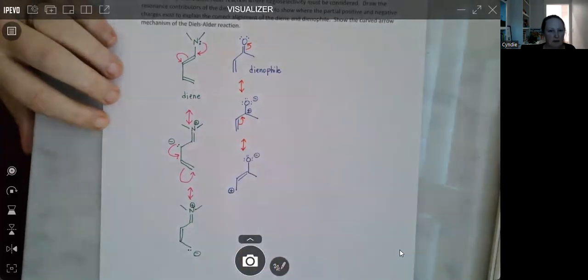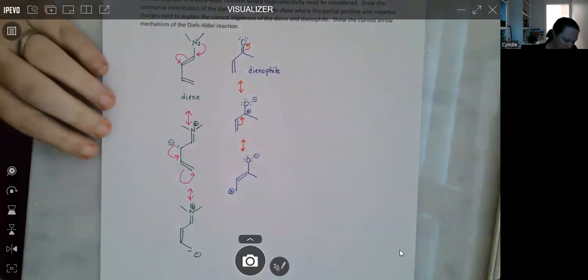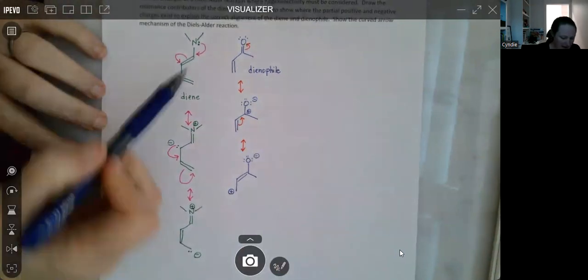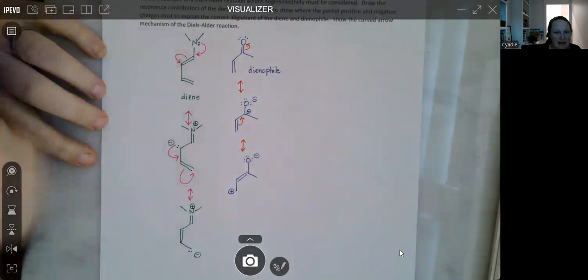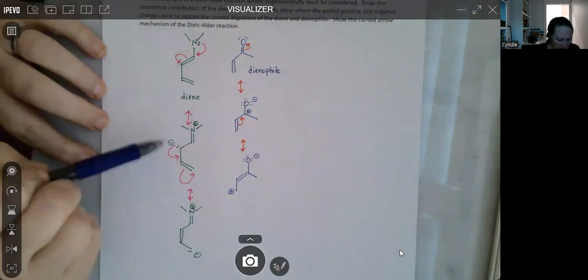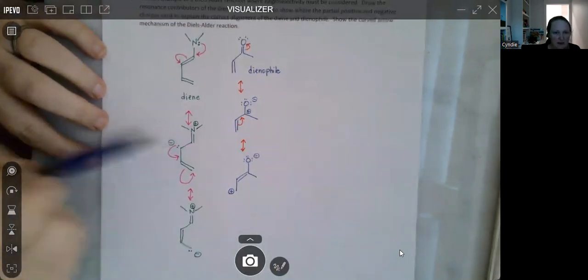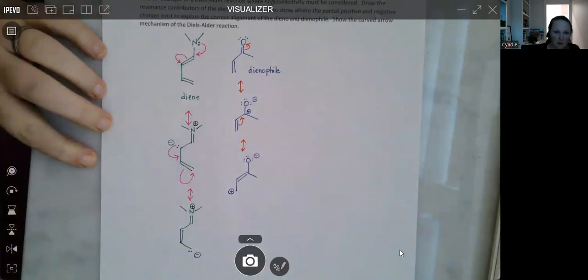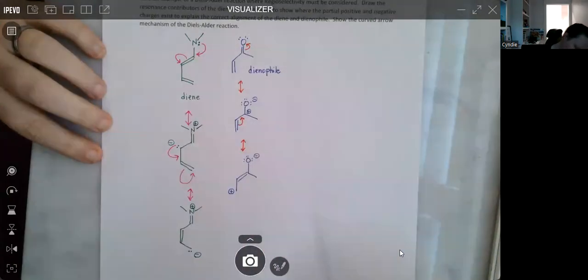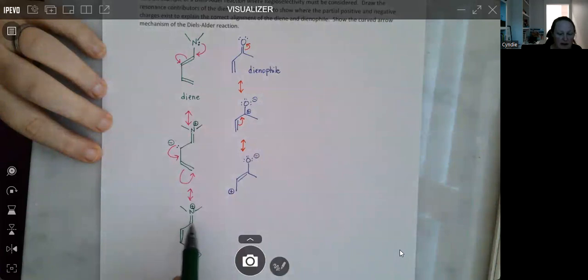Okay, so specifically, we are interested in the terminal carbons of the diene, right? The fact that the negative charge ends up here doesn't really matter. So between these two, this carbon has the negative charge and this one never does.